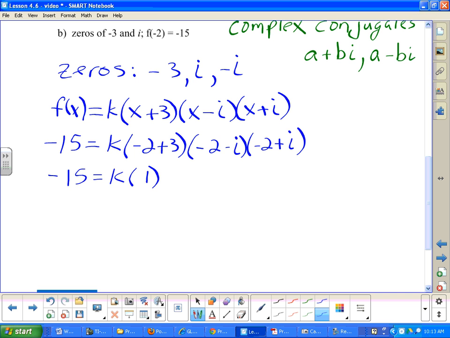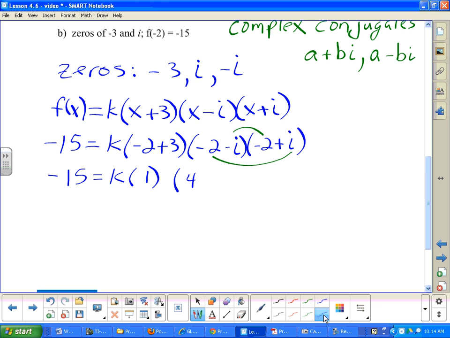Now with this one, we're going to have to multiply negative 2 minus i and negative 2 plus i. So we get negative 2 times negative 2 is 4. We actually have to do some foiling here. The nice thing about this is we have a difference of two squares, because when I multiply these together, I get a negative 2i and a positive 2i. When I add them, I get 0.